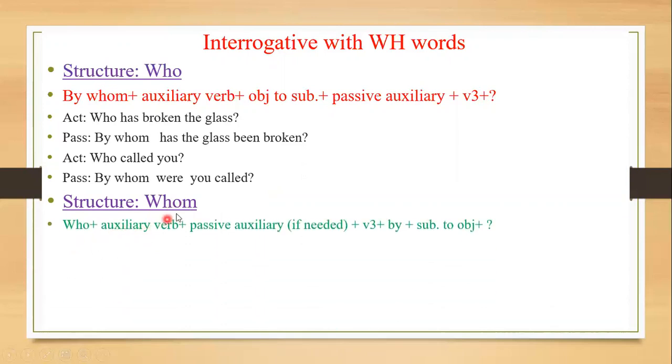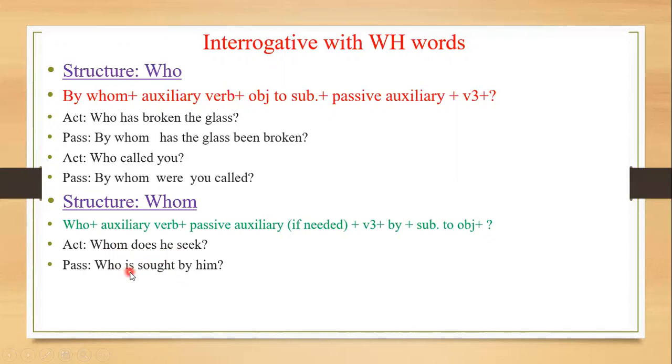Structure: whom will be changed to who, then auxiliary verb, then passive auxiliary if needed, then V3, then by, then subject to object. Okay. Active voice: Whom does he see? Passive will be: Who is seen by him? Who has been changed by who, and the sentence was written in present tense.